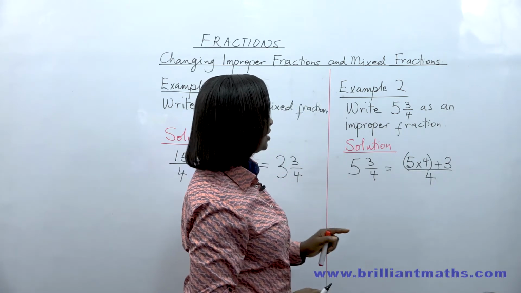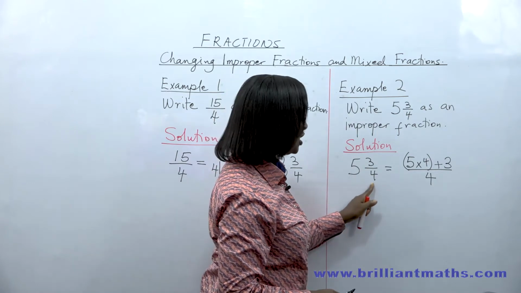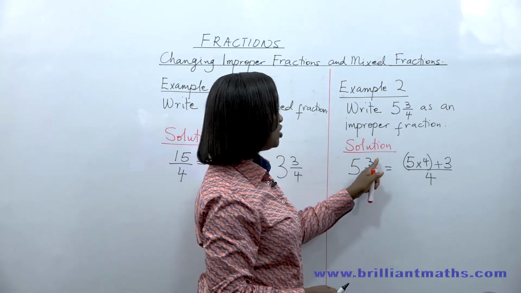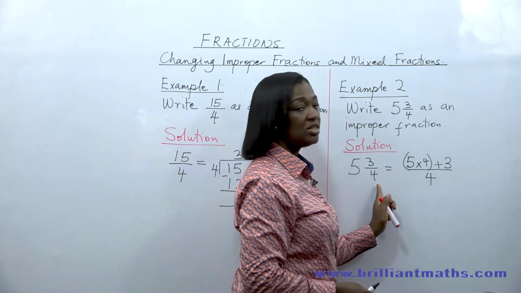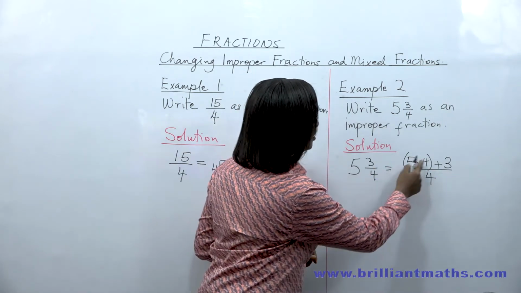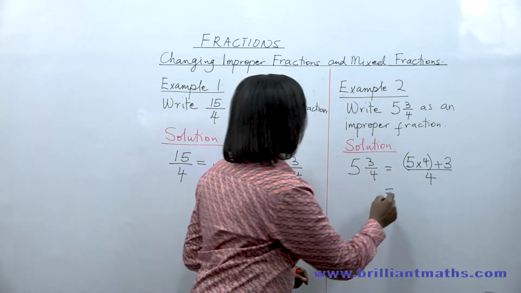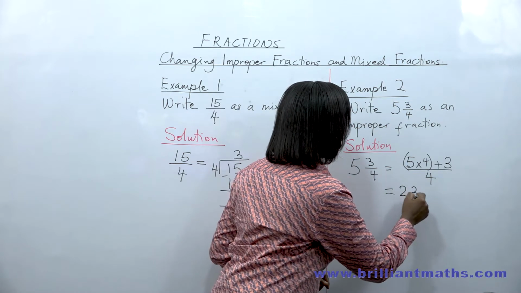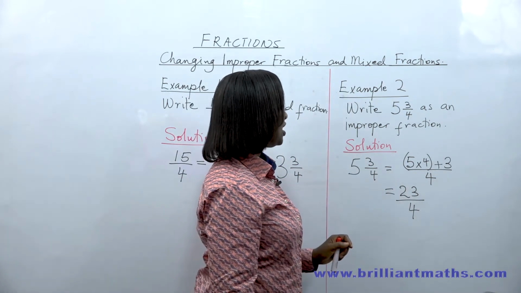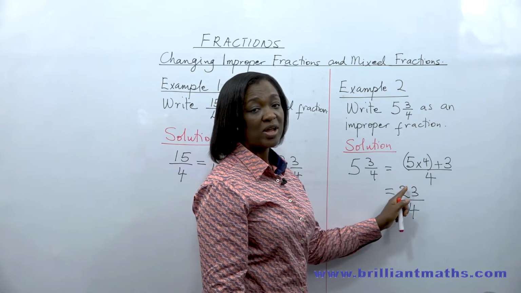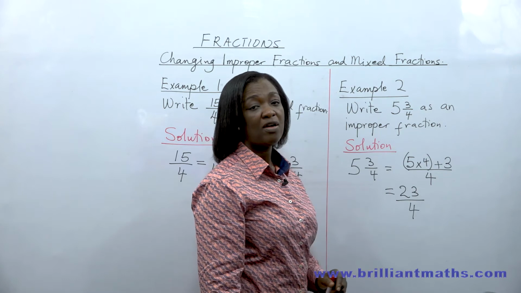So the process is multiply the whole number by the denominator and add the numerator and put everything over the denominator. So 5 times 4 is 20. 20 plus 3 is 23/4. So 5 and 3/4 is the same as 23/4 as an improper fraction.